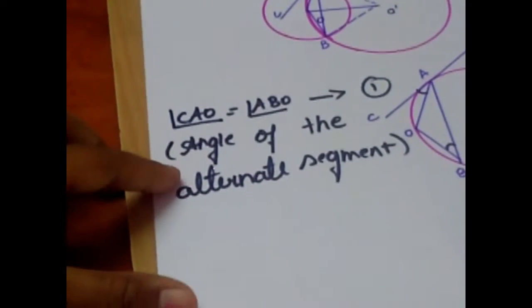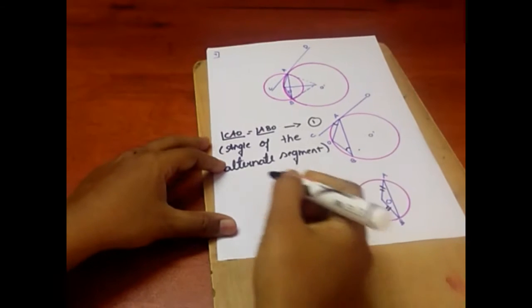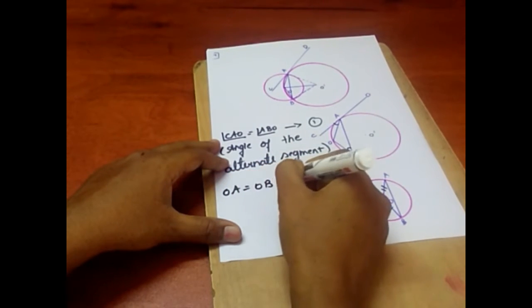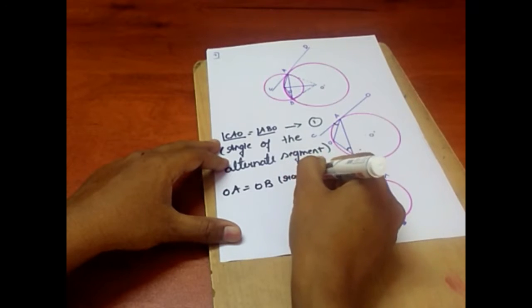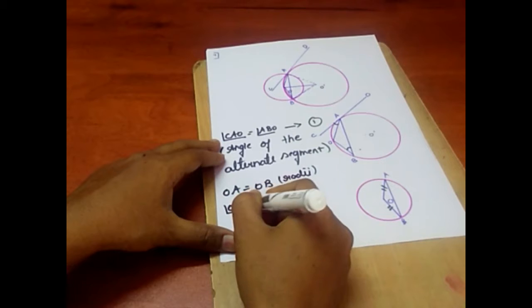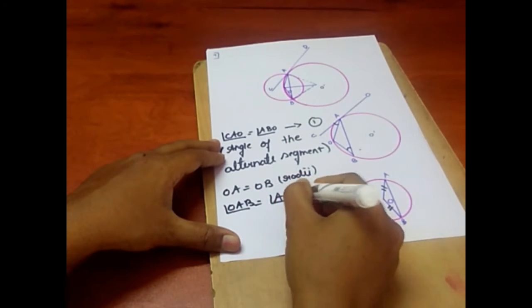So, let us write the second result: OA is equal to OB, in brackets radii. Therefore, angle OAB is equal to angle ABO.